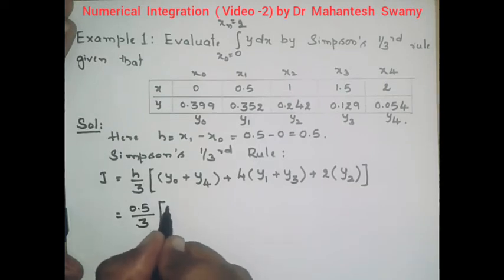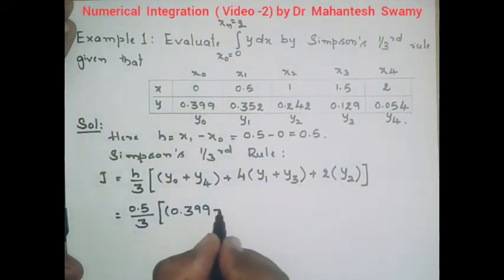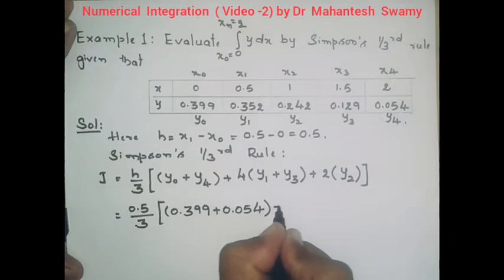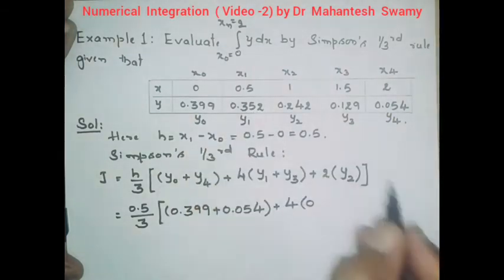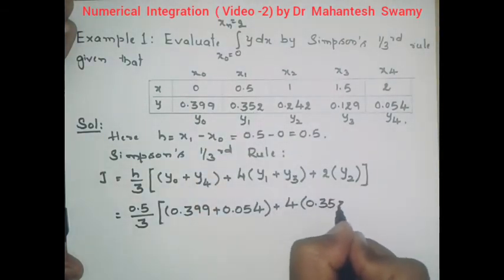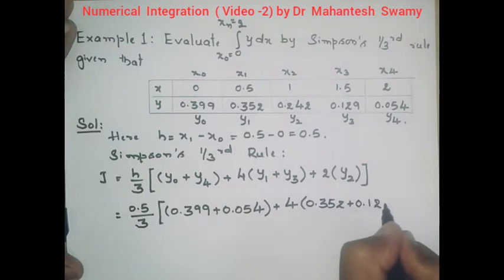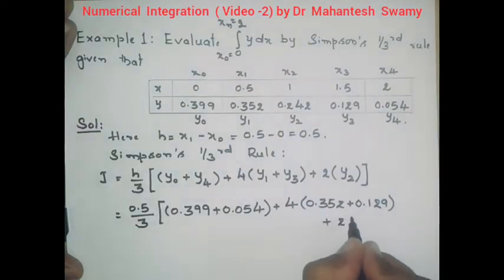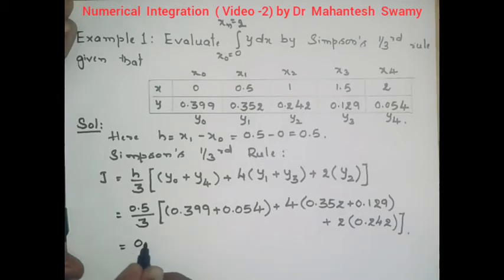The value of y0 is 0.399, that is this value y0, plus the last value 0.054, plus the second term is 4 into bracket y1 is 0.352 plus y3 is 0.129, plus 2 times y2, that is 2 times 0.242. Close the bracket.